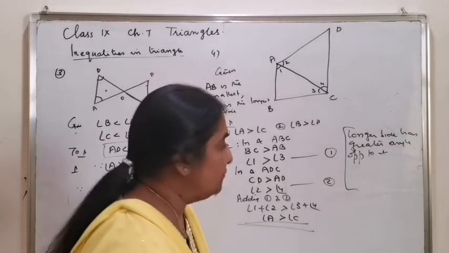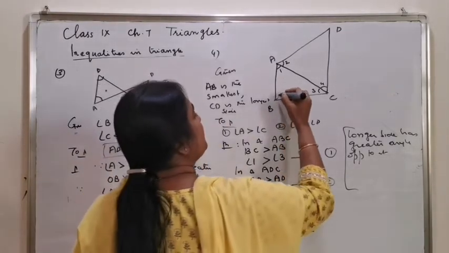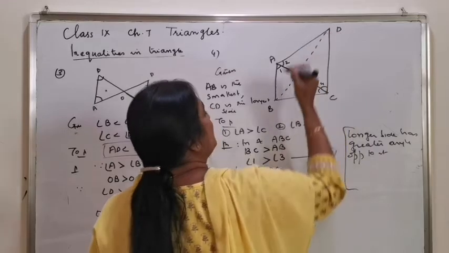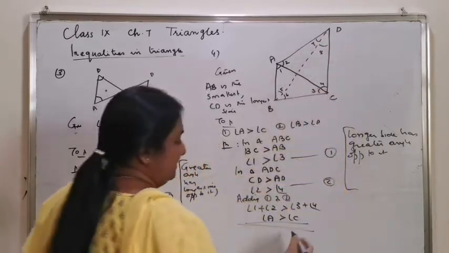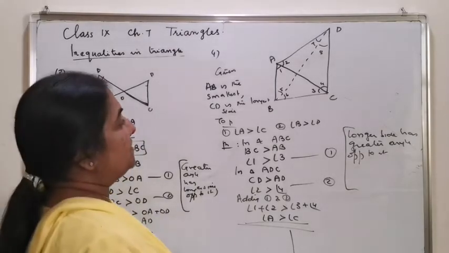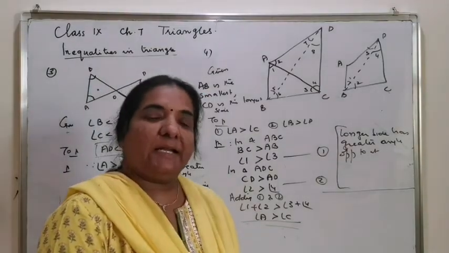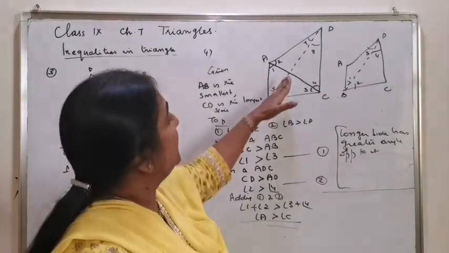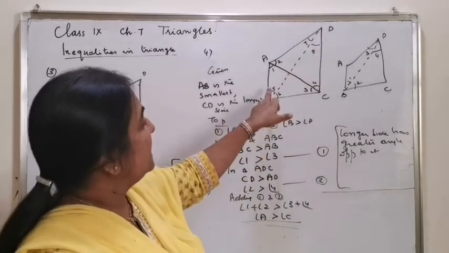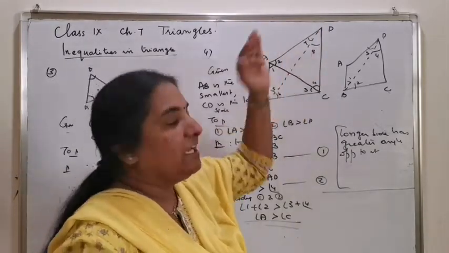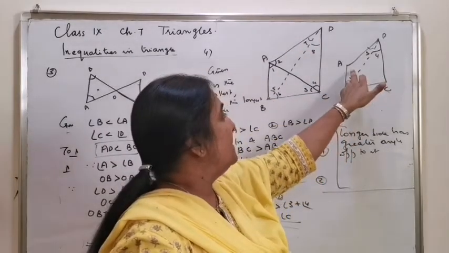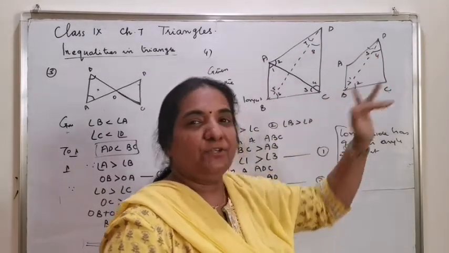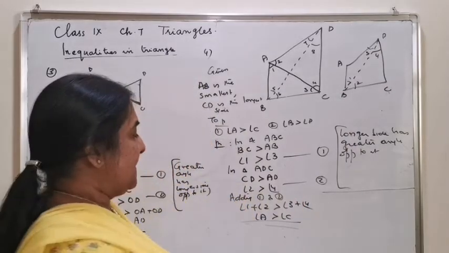How do you prove angle B greater than angle D? Join, take it as 5, 6, 7, 8. Which are the triangles? Let's prove the second part by joining the diagonal BD, taking the angles as 5, 6, 7, 8, or you can also draw a separate picture and mark 1, 2, 3, 4 and then you can write the proof as I'm explaining here.